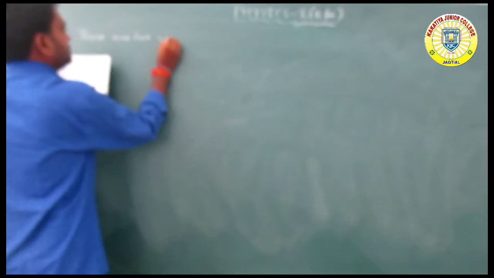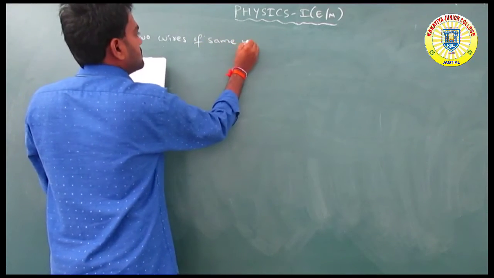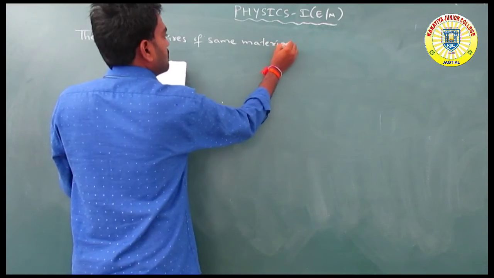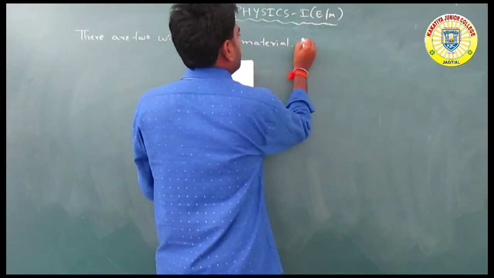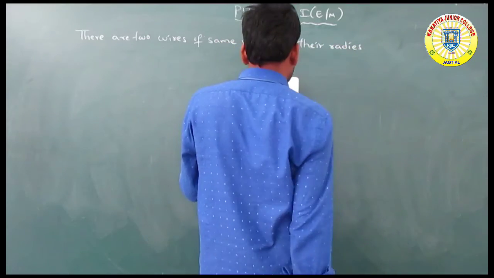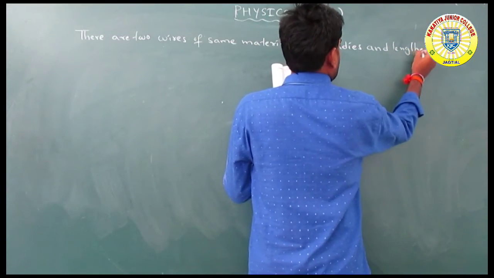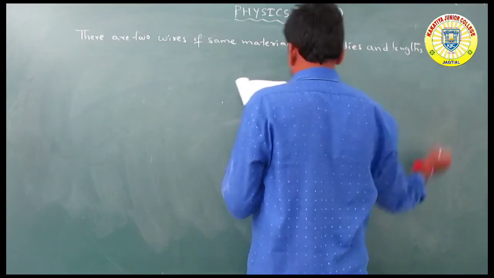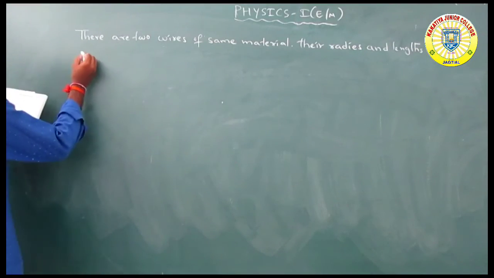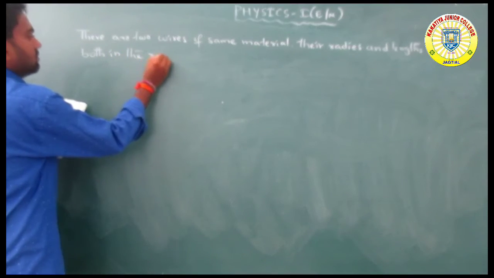There are two wires of the same material. Their radius and length are both in the ratio 1 is to 2.